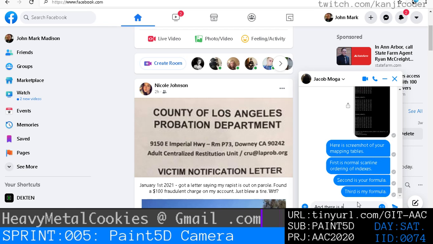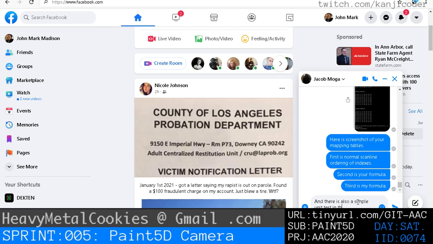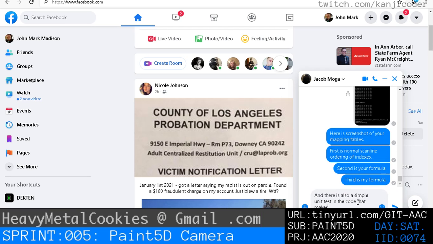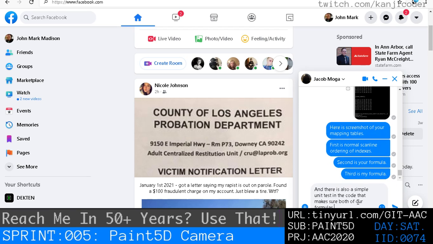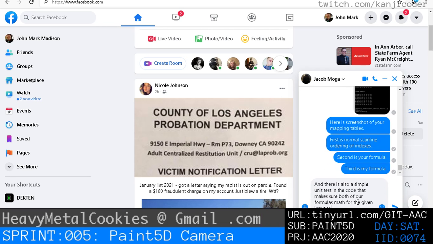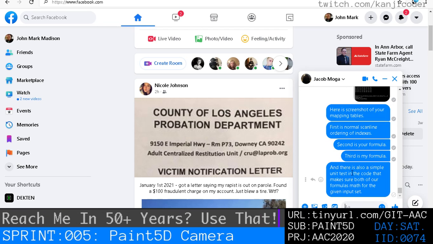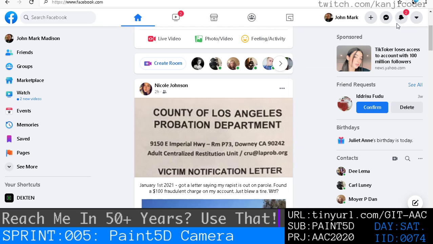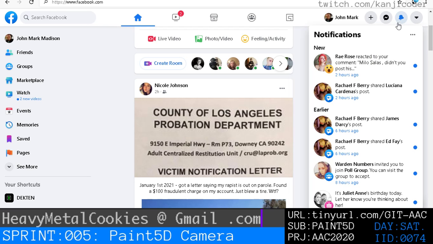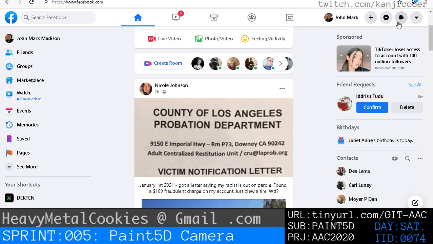And there is also a simple unit test in the code that makes sure both of our formula match for the given input set. Okay. So anyways, that was interesting.